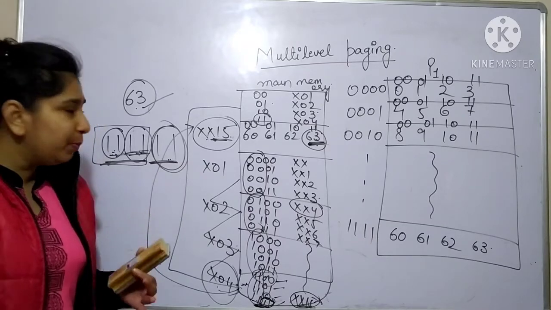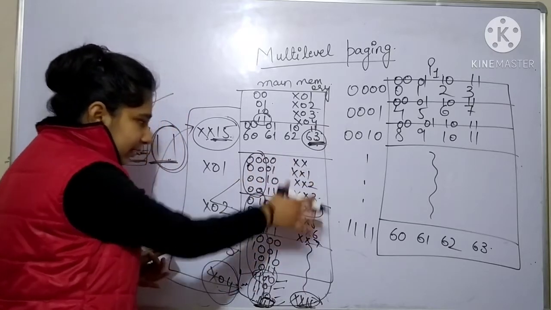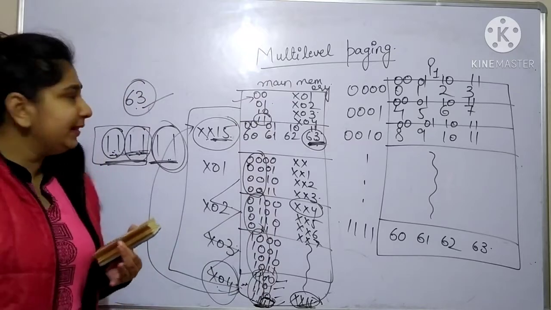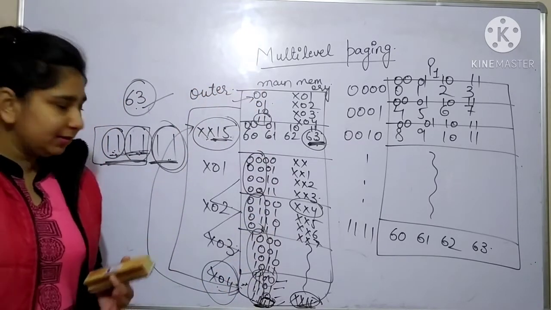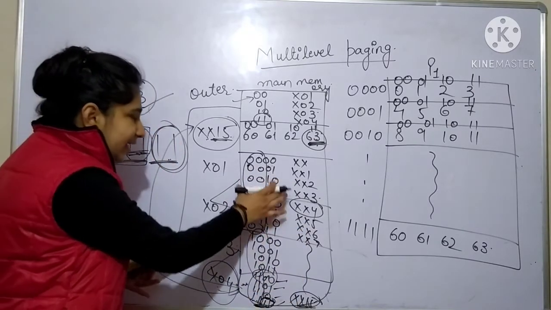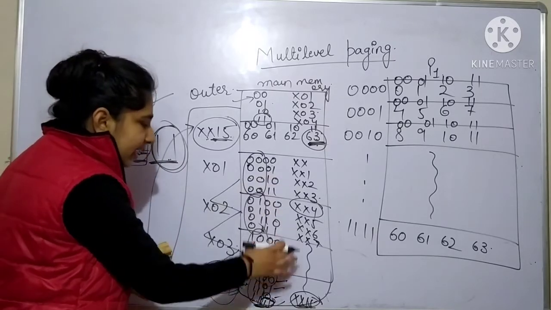What you do is make one more page table for this page table. In this outer page table, you will be storing the pages of the frames of your page table.